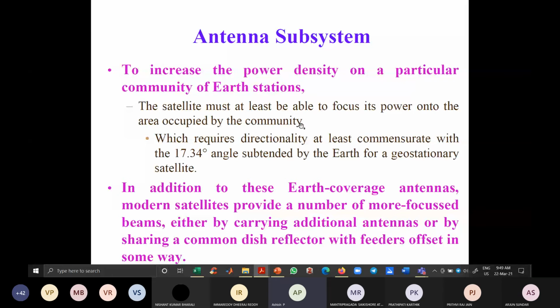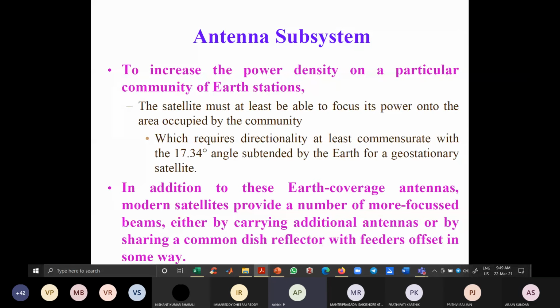Here one important consideration is the angle subtended by the geostationary satellite to the whole Earth, which is 17.34 degrees. If you have a satellite in the geostationary orbit and you want to cover from the South Pole to the North Pole, then the angle it is subtending is 17.34 degrees.